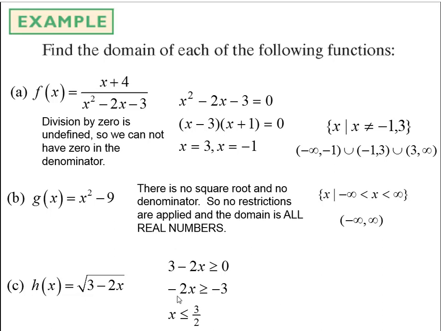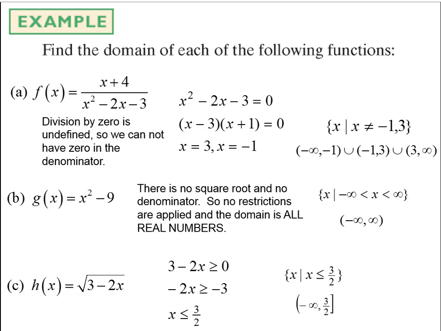Then don't forget, when I divide both sides by negative 2, the inequality symbol has to change direction. So dividing by negative 2, I get x, and on the other side positive 3 halves, and the greater than changes to a less than. So I can write this domain in set builder notation and interval notation.